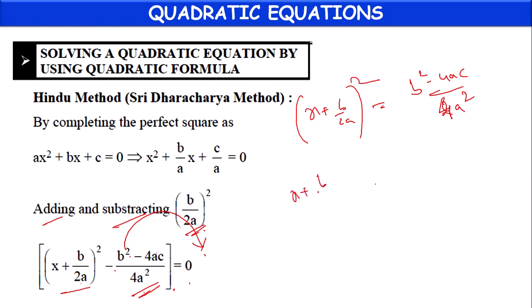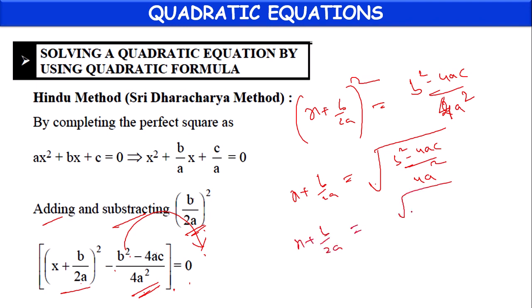Or x plus b by 2a equal to root of b square minus 4ac by 4a square. This we can take the square root of, both numerator and denominator: root of 4a square.